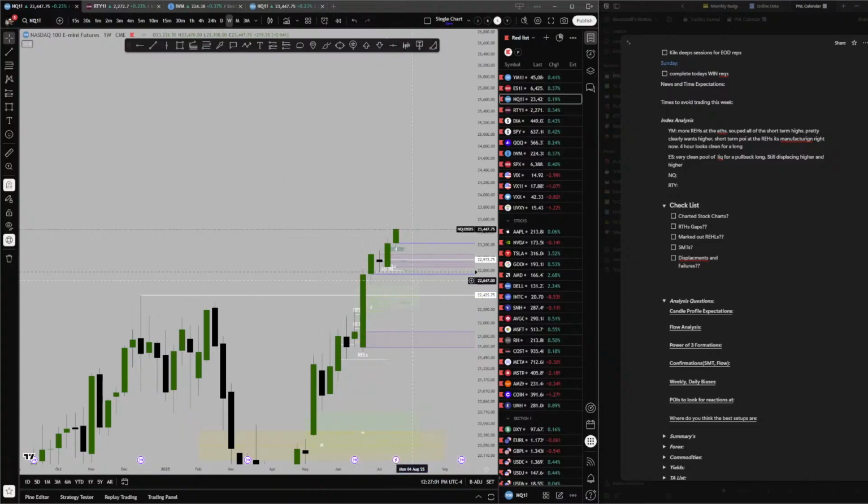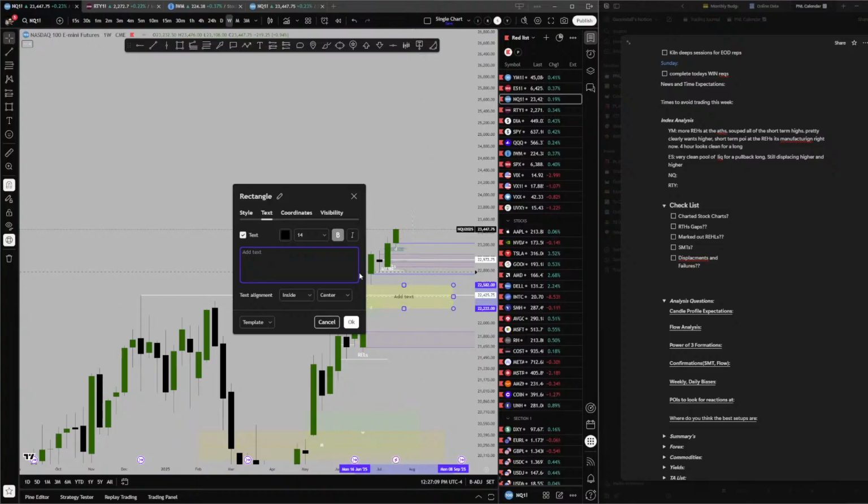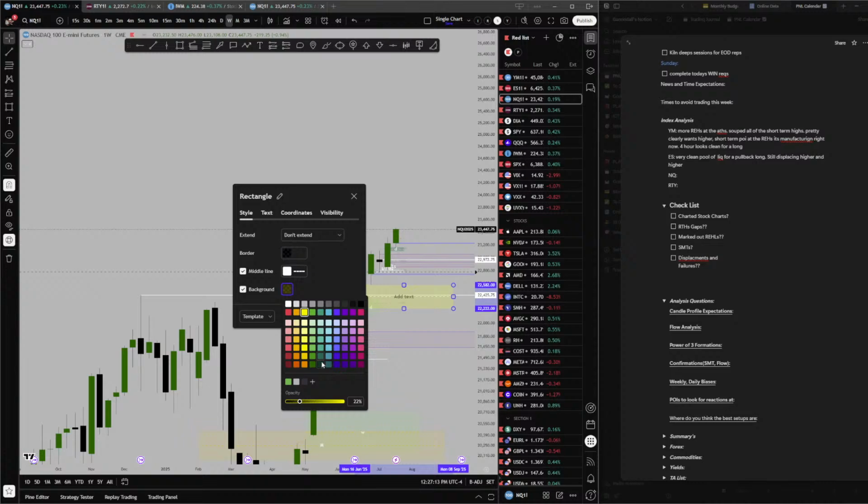Just gonna make a new one here with my new template. Can't remember if I did that. I think it's that color.